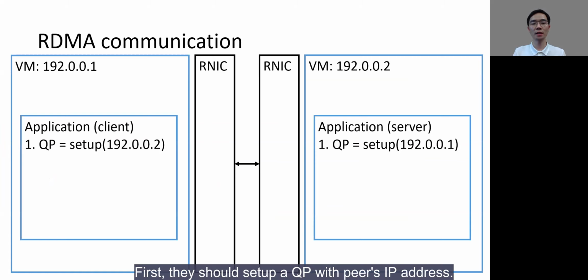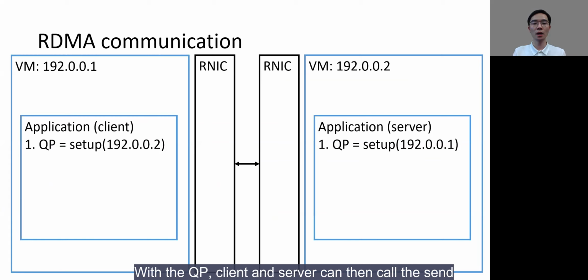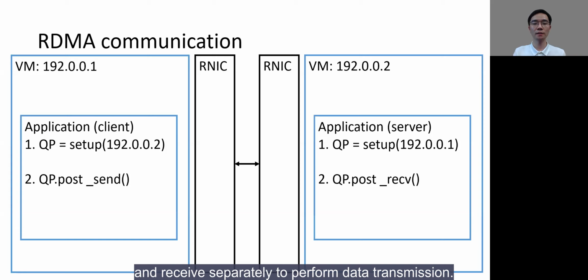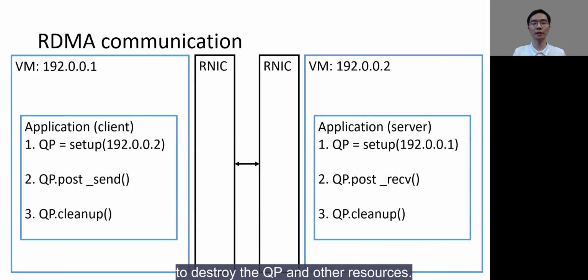First, they should set up a QP with the peer's IP address, where a QP is the same concept as a socket endpoint in the TCP/IP network. With the QP, client and server can then call send and receive separately to perform data transmission. Once finishing the data transmission, the application enters the cleanup stage to destroy the QP and other resources.